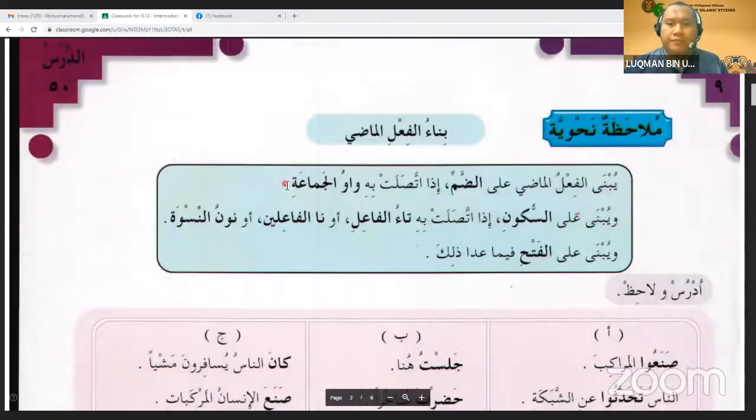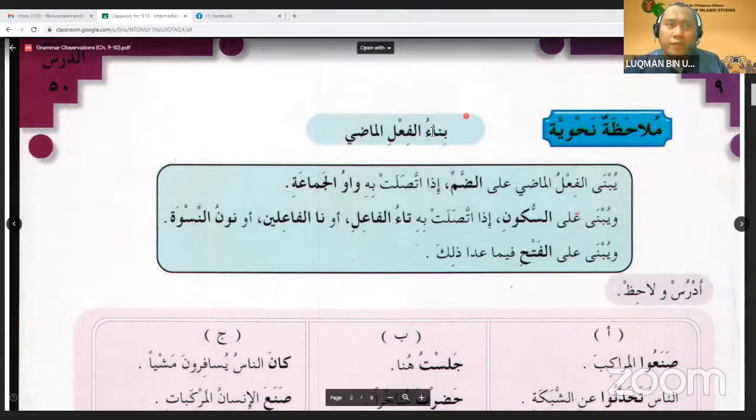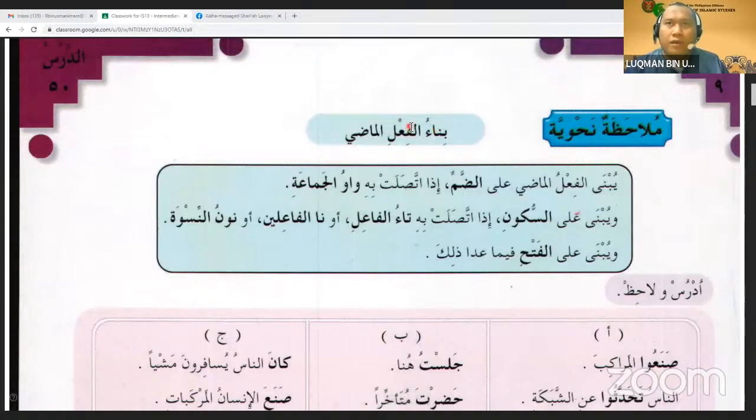Okay, now we will proceed with the next topic, mulahadatun nahwiyah, grammar observation. Bina'ul fi'lil madi. So bina is the opposite of i'rab. I'rab means it is not static, it's dynamic. The ending vowel is dynamic.